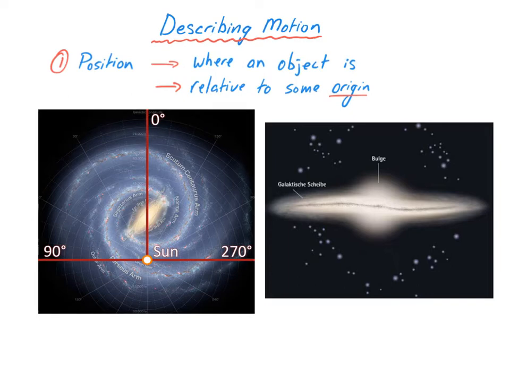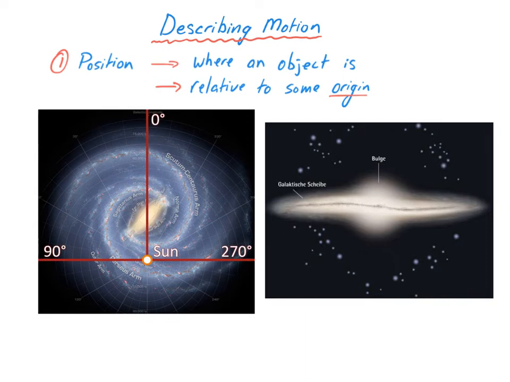Then finally, the angle from the sun to the position of the star is measured. So in this sense, the origin is the centre of the Milky Way, but we also have to use the sun as a reference point as well, because we can't be in the middle. It makes it a little bit challenging.